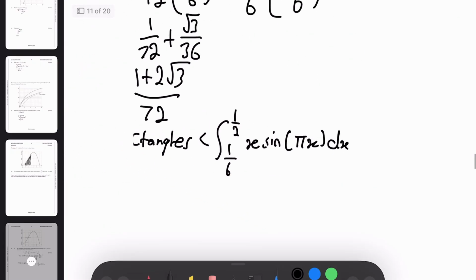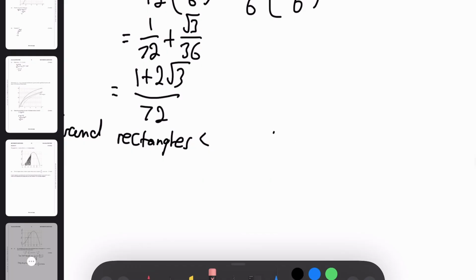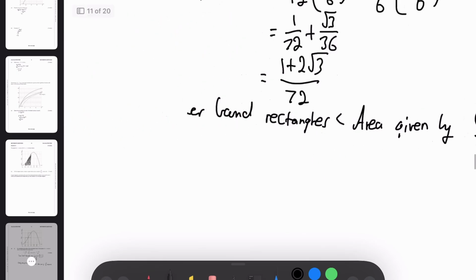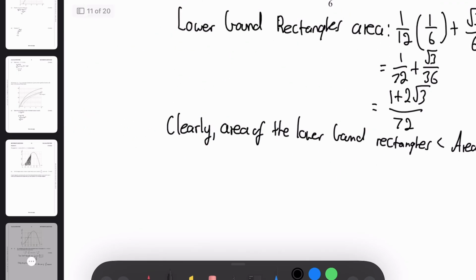Okay. Maybe I should say area given by. And then we show the integral here, 1/6 to 1/2, and then it was x sine pi x dx. Okay. Then we can do the same thing for the upper bound.